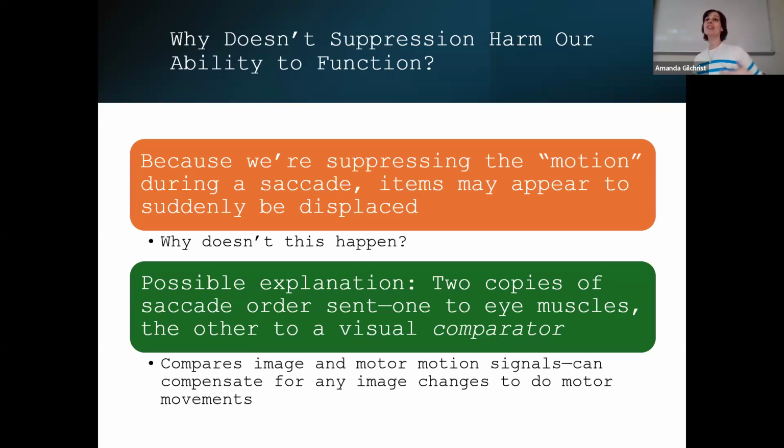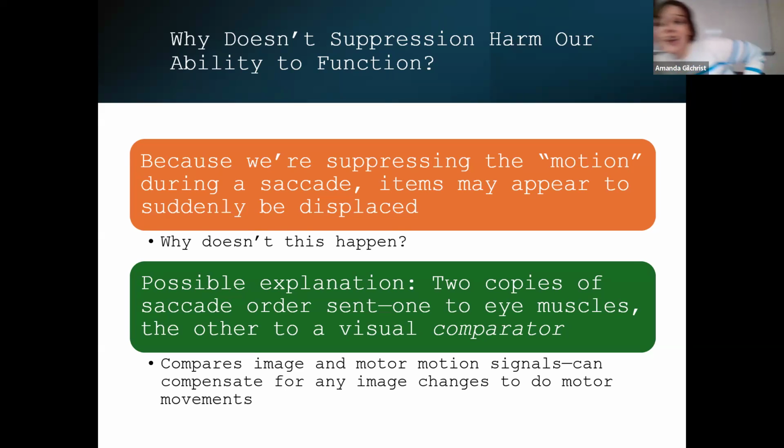And as I mentioned, we even make involuntary movements when we're trying to hold our eyes still. So you might have the following question. We're engaging in saccadic suppression a lot. Why does this not hurt our ability to function? I can imagine where something like this would make driving very difficult. But here's the thing.